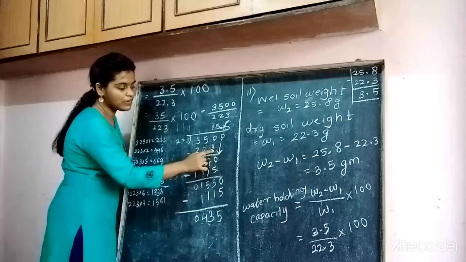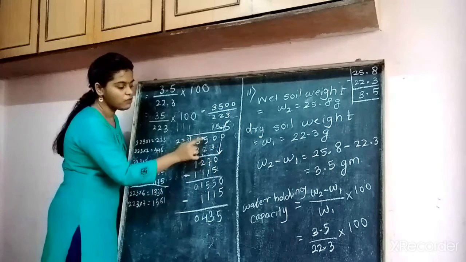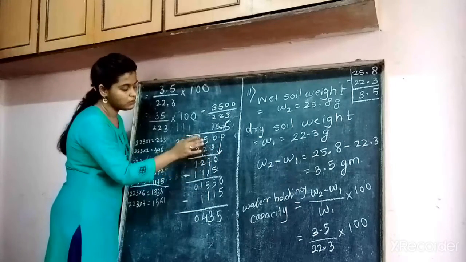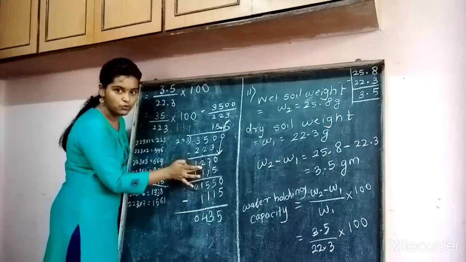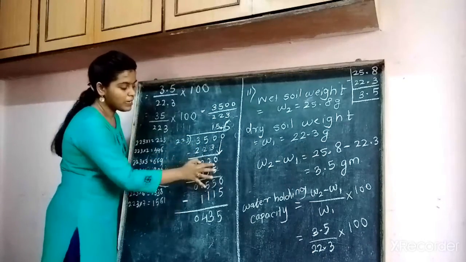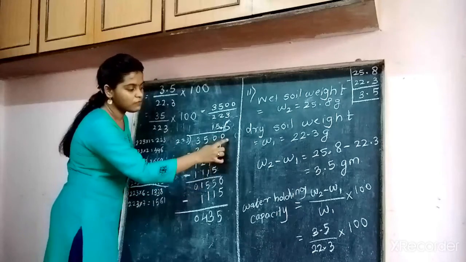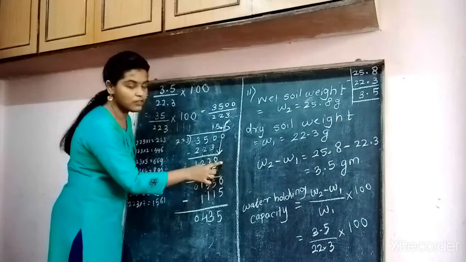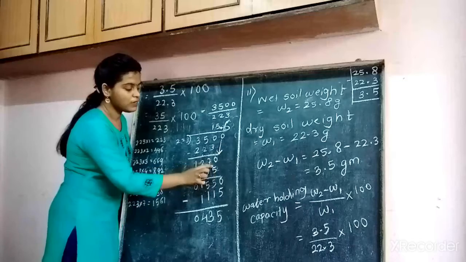Now 0 minus 3, 7. Carry 1. 4 minus 2, 2. Then 3 minus 2, 1. Now the remainder is 127.